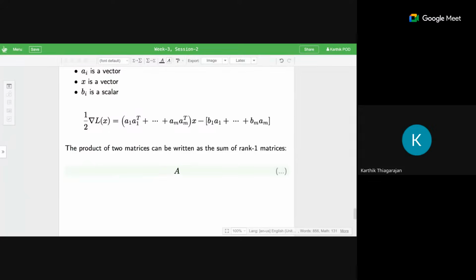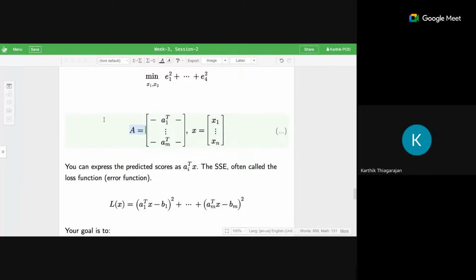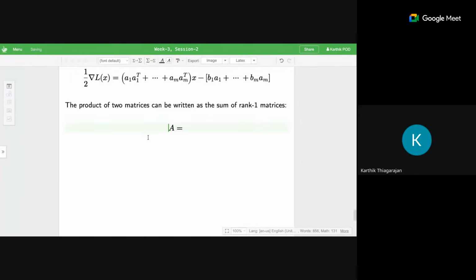So if you have A, if you write A as whatever, this is what we wrote down as A, right? So this is A. Now remember, this is A, then what is A transpose? What are the columns of A transpose?